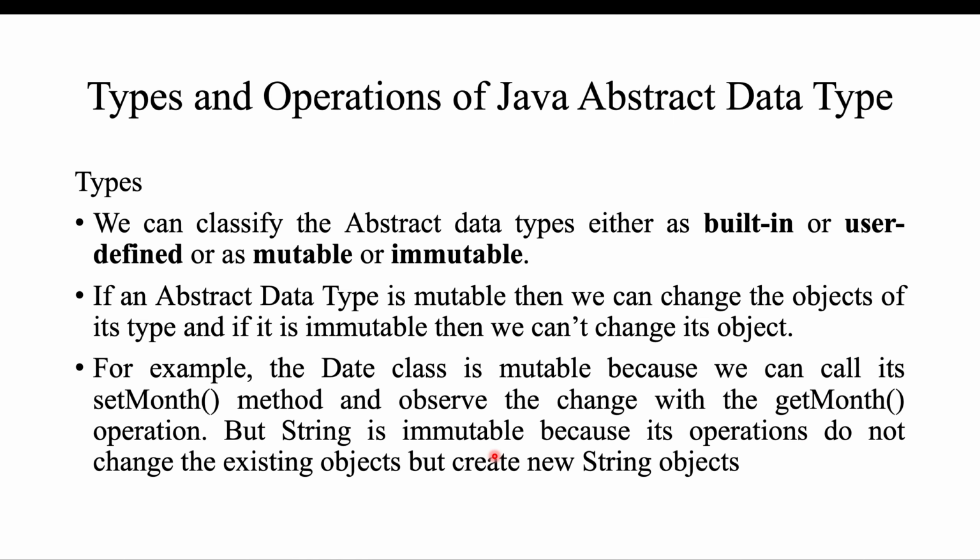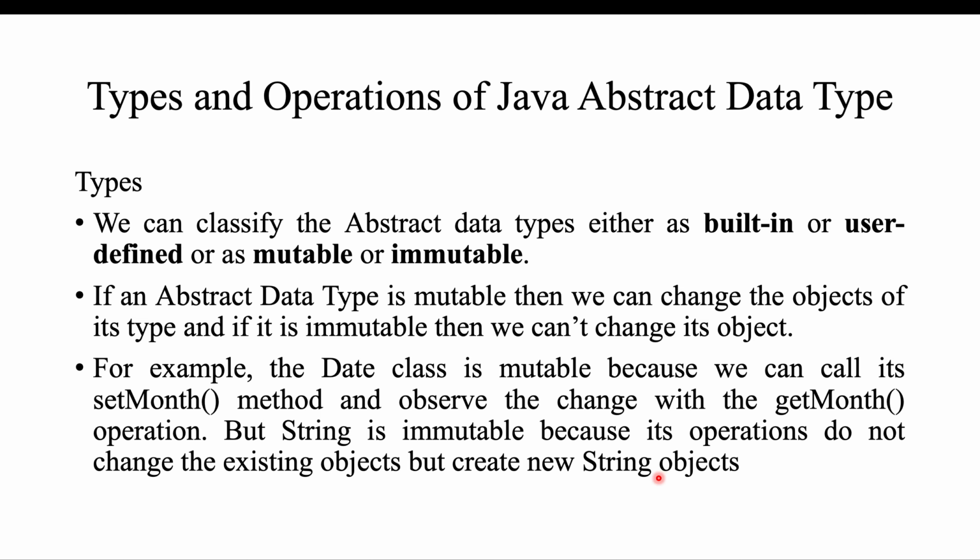However, string is immutable because its operations do not change the existing objects, but create new string objects. When we were doing SCP, the string constant pool, we understood that whenever we are creating a string object in the heap memory, there is a string literal pool or string constant pool, SCP. So there an object is created, as well as in heap memory. Now let's say we have the string Java and I want to change it to C++.